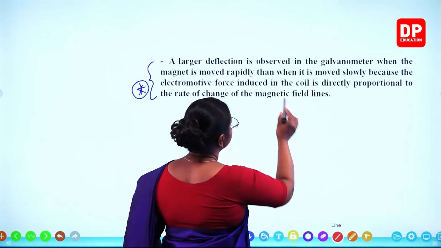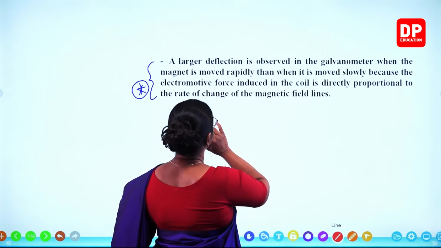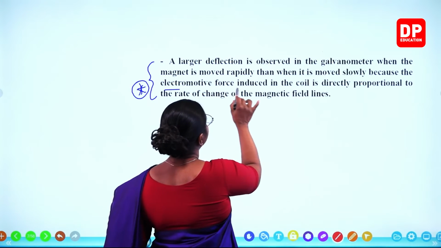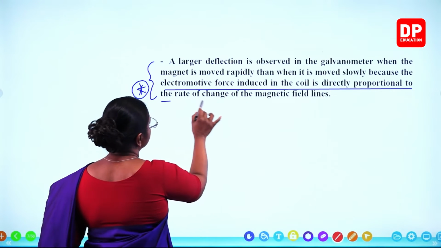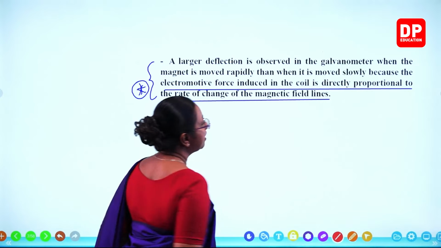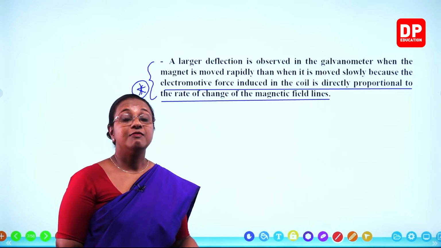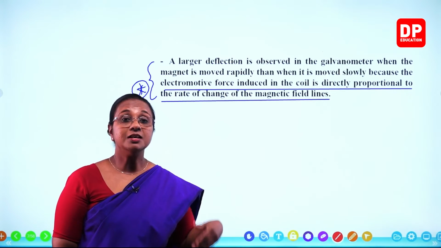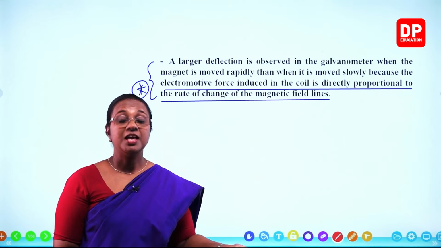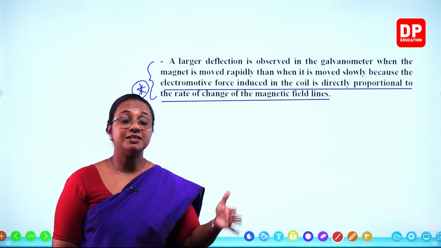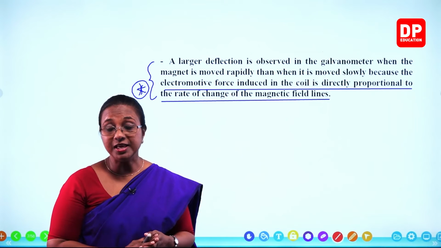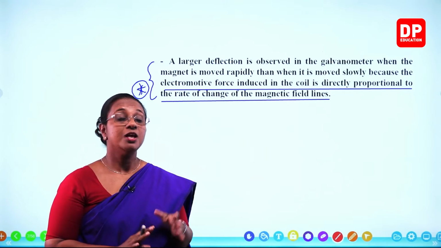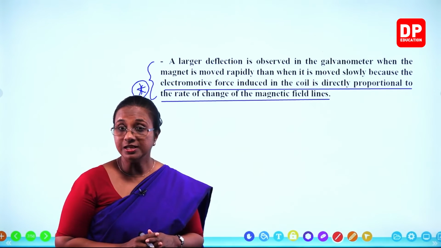So, this is the second observation I told you all about. When the rate of change is faster, the electromotive force is higher. When the rate of change is lesser, the electromotive force is also less. So, that is something you need to understand. With that, I'll move on to the next slide.